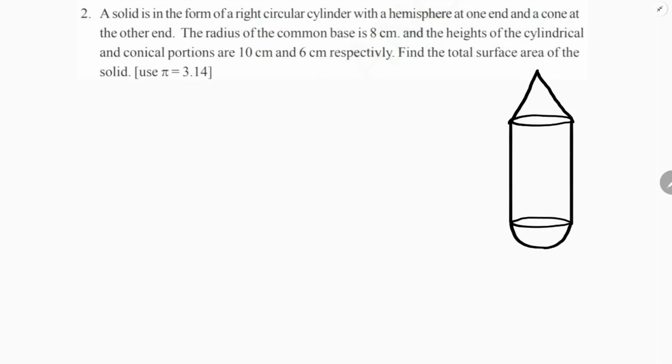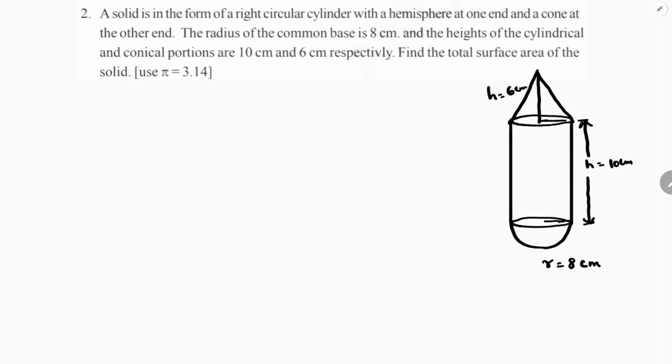The radius of the common base. So radius for cylinder, cone, and hemisphere, all the radius is 8 centimeters. Height of the cylinder is 10 centimeters and height of the cone is 6 centimeters. We need to find the total surface area of the solid.